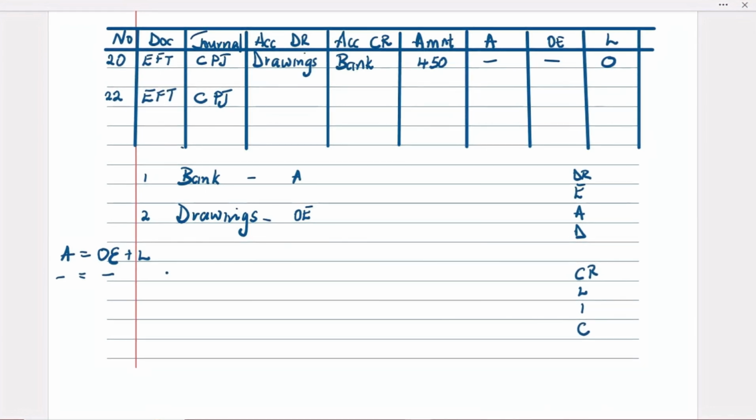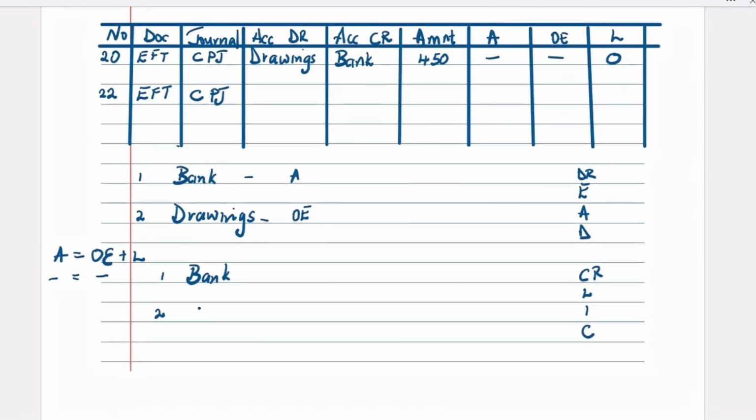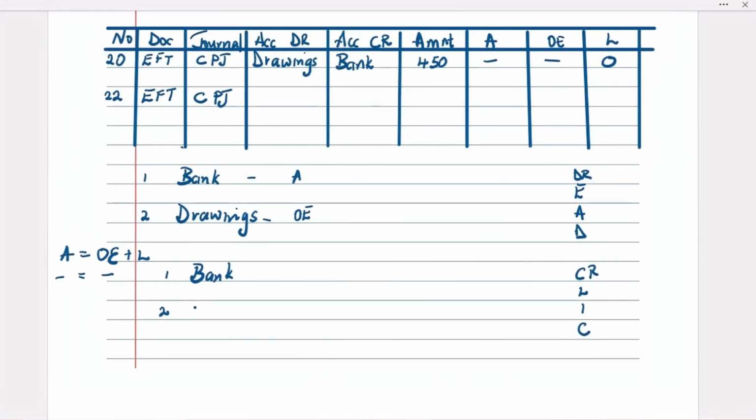Now we must identify the two accounts. Account number 1 is bank because cash is involved. Account number 2, we're buying a machinery, and then we're going to use equipment as our account. Classify these two accounts. Remember, when you're classifying in class, you received that paper which says classification of accounts, which lists all the accounts down.